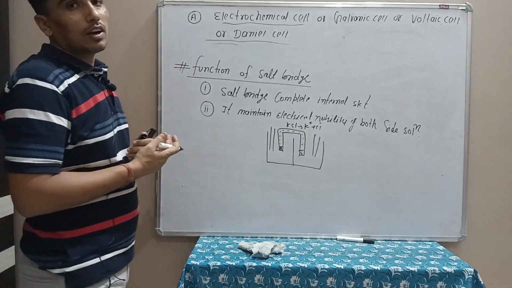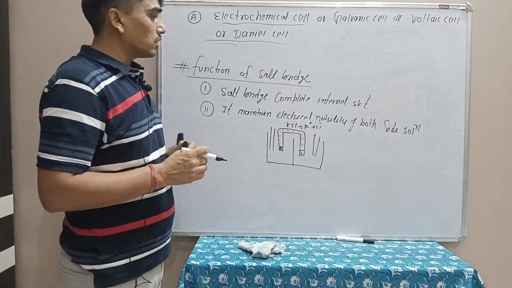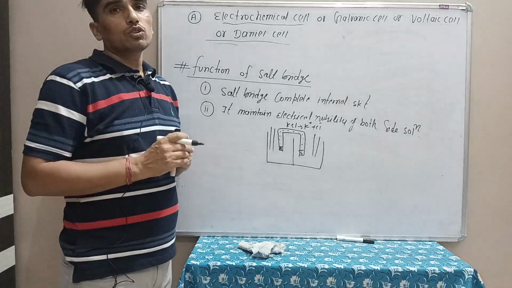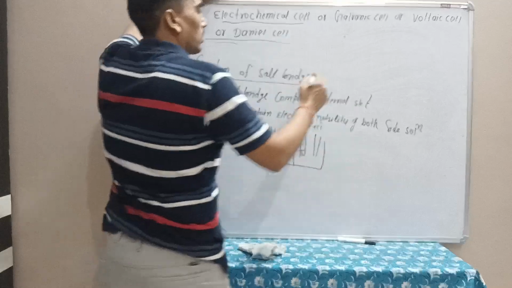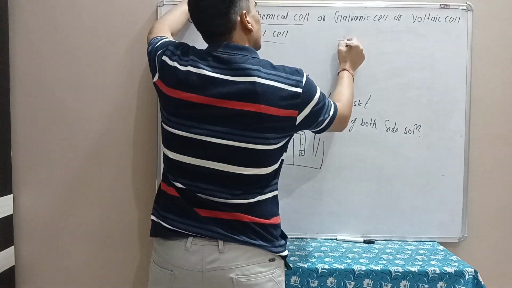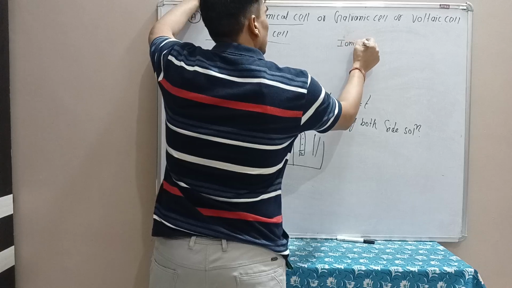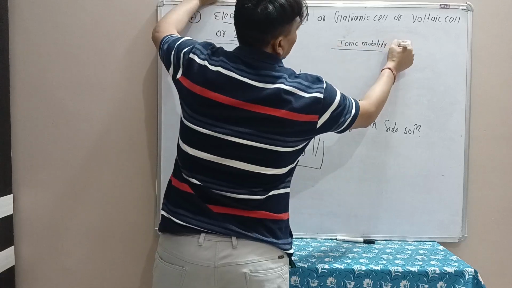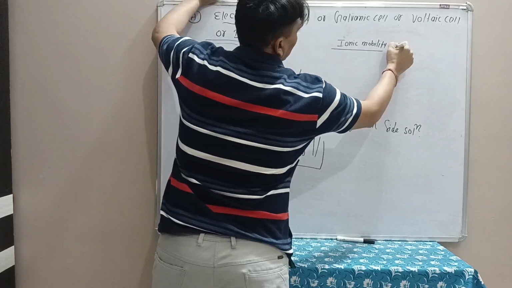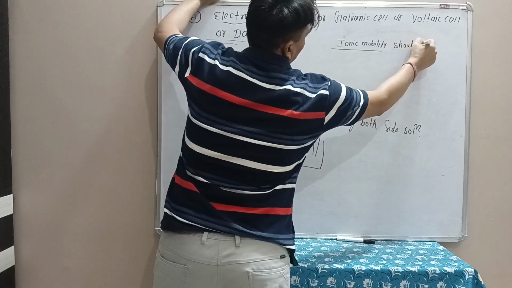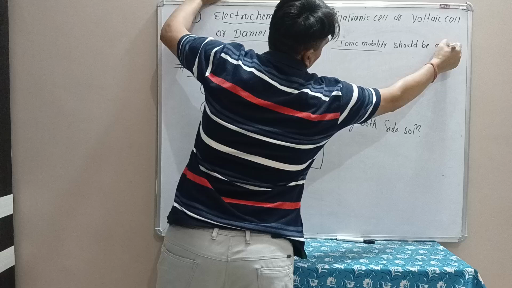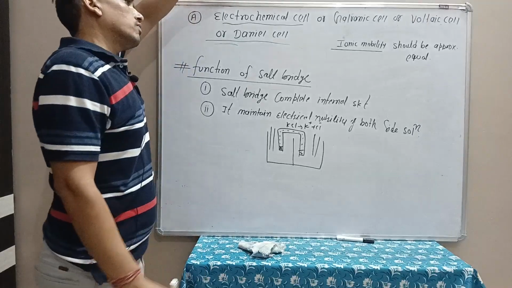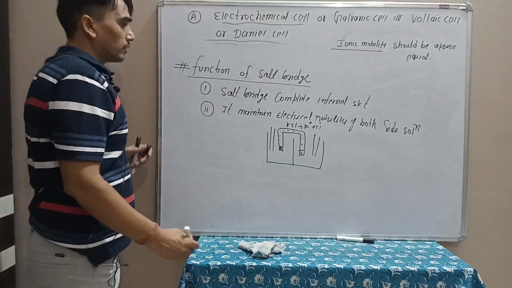When we select inert electrolyte, we remember that ionic mobility of cation and anion of inert electrolyte should be approximately equal. This is the first criteria of selection of inert electrolyte.